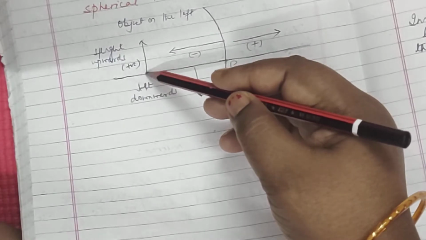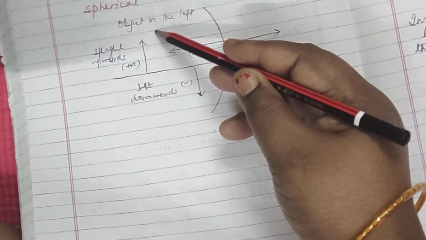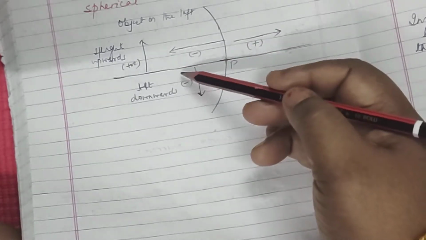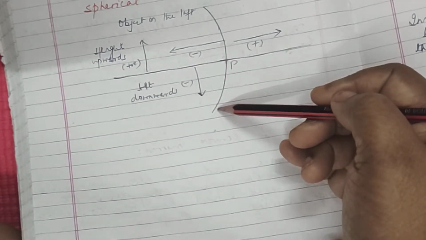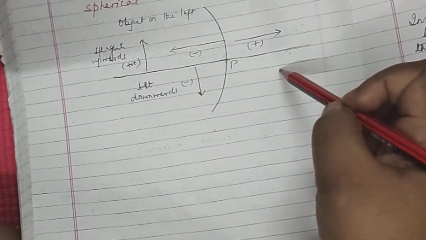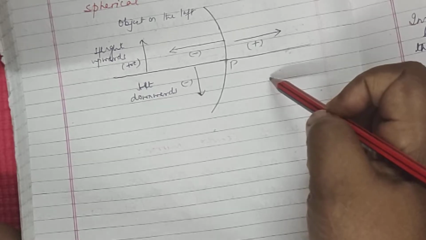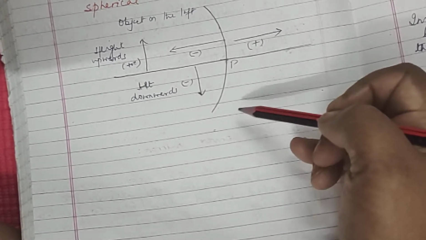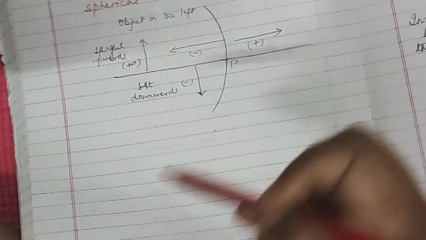Distances measured perpendicular above the principal axis are always taken as positive, whereas distances measured below the principal axis are always taken as negative. These are the sign conventions, and they are very important because you will be using them very frequently when we will be solving the numericals.